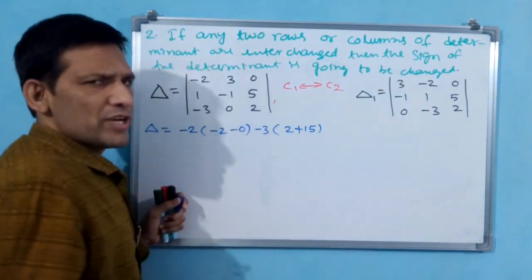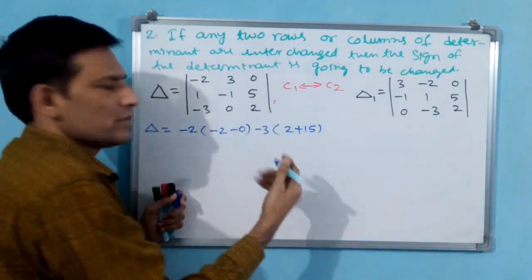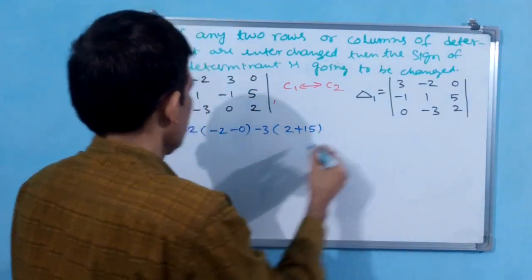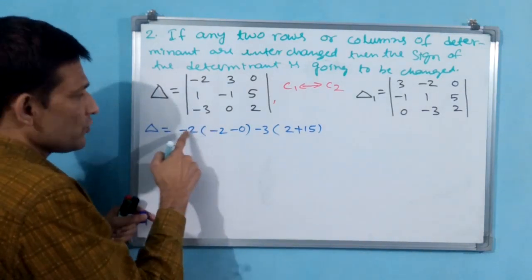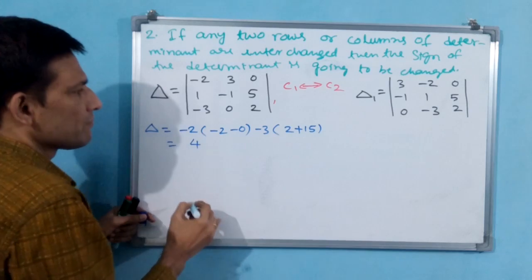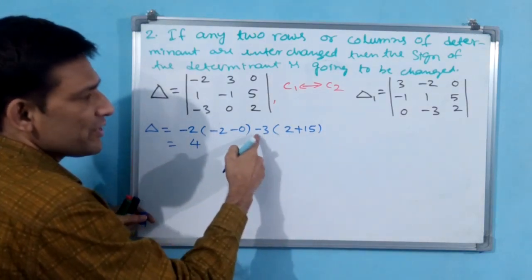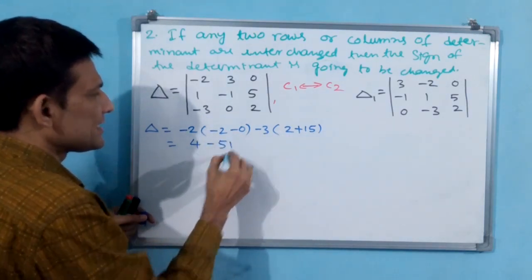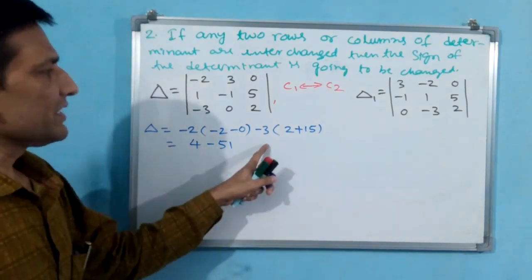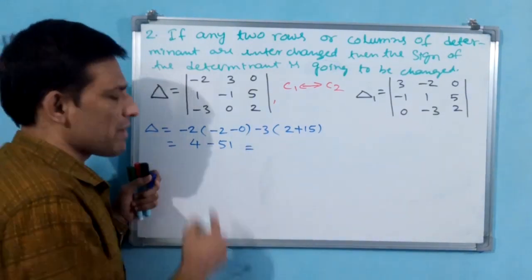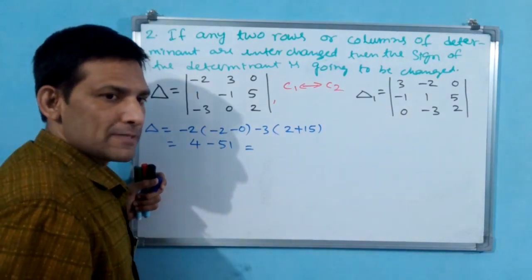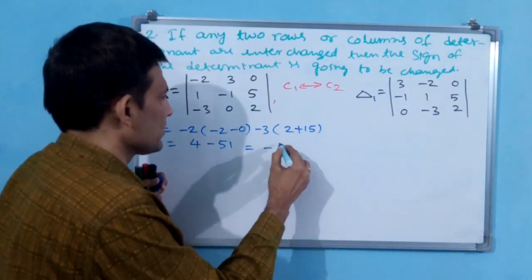The 0 we need not take again, because even if you multiply, 0 will come. Let us see what will come. Minus 2 into minus 2 is plus 4, and 17 into 3 is minus 51. 17 threes are 51, but minus is there. What will be the answer? 51 minus 4 is 47, so minus 47.